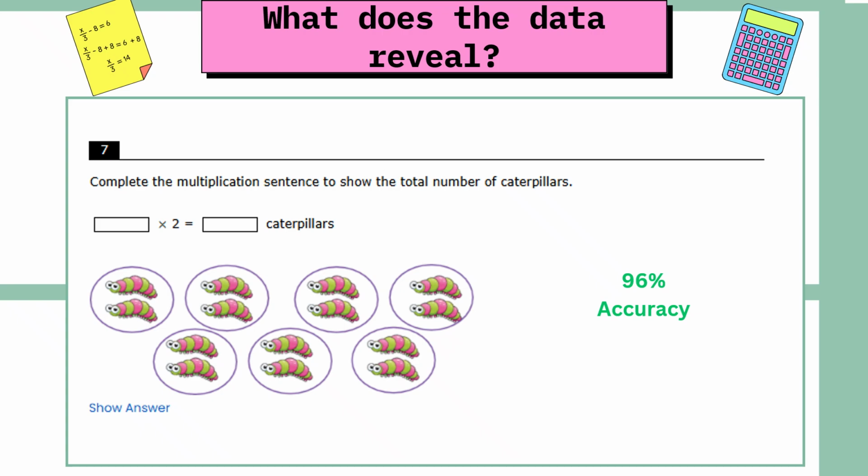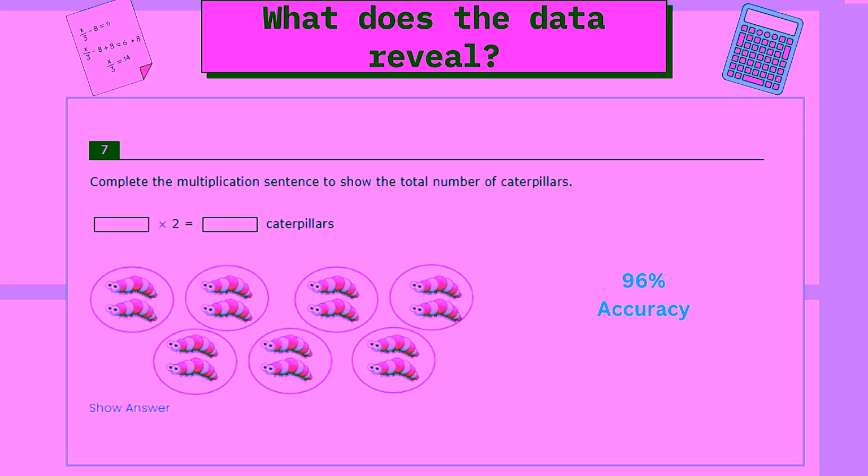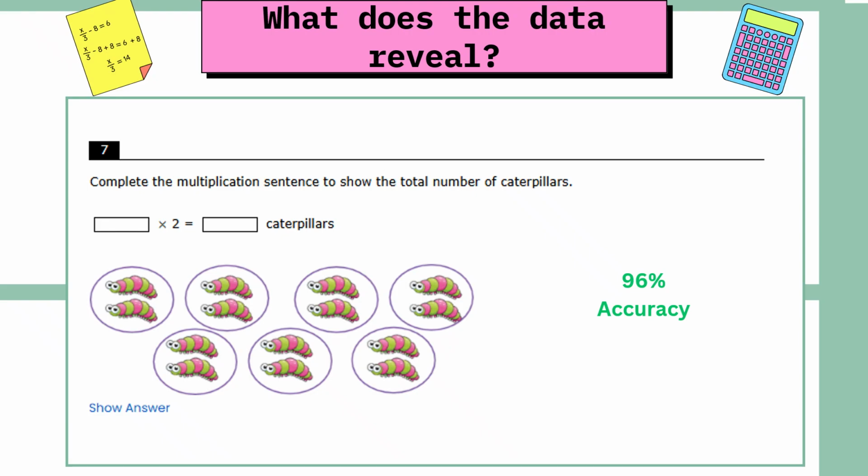The next question that you see is one that also received a high amount of accuracy, being at 96%. For this question, students were to do key entry input, so they actually had to use the keypad to enter in a number that fit within the multiplication equation to solve it with the caterpillars.